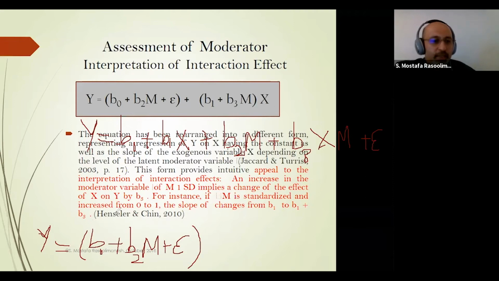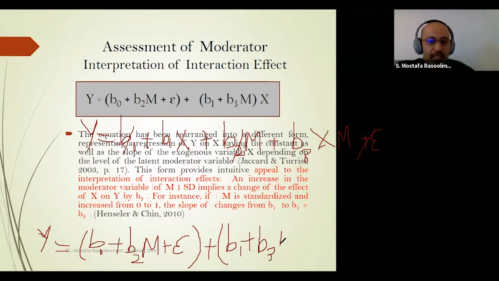Then we put the remaining terms in one parenthesis: b1 plus b3M, times X. So this equation is exactly the same as the original equation.